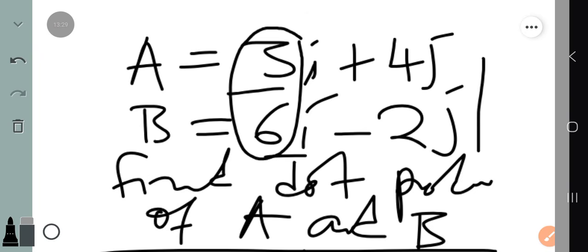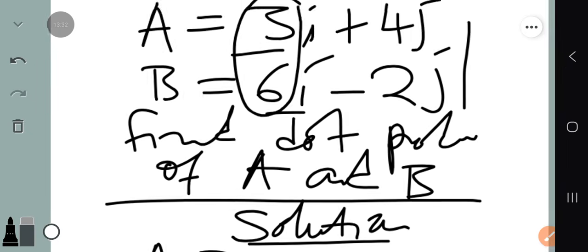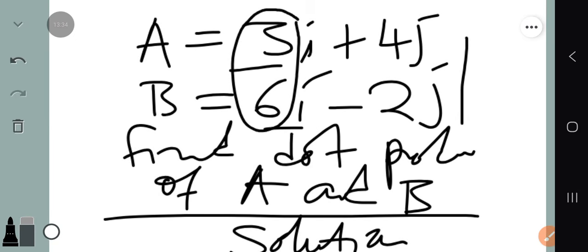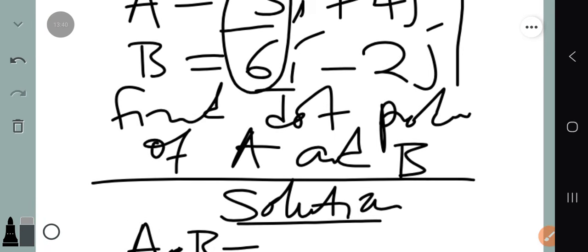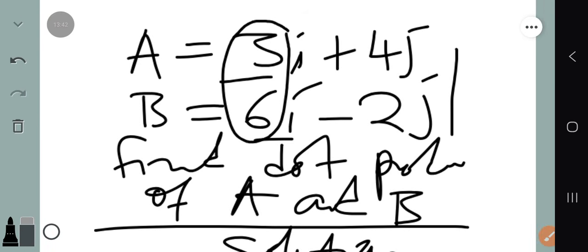So for example, since we have vector A as 3i plus 4j and vector B as 6i minus 2j, we are going to multiply the coefficients of I alone. The coefficient of I here is 3 and the coefficient of I here is 6.